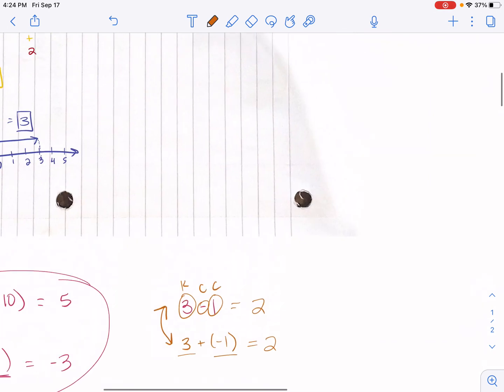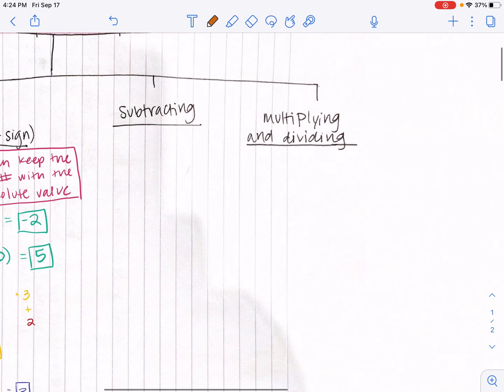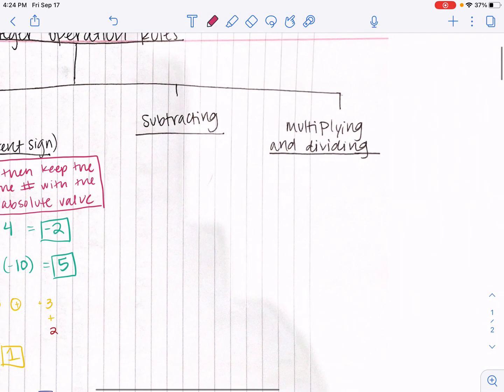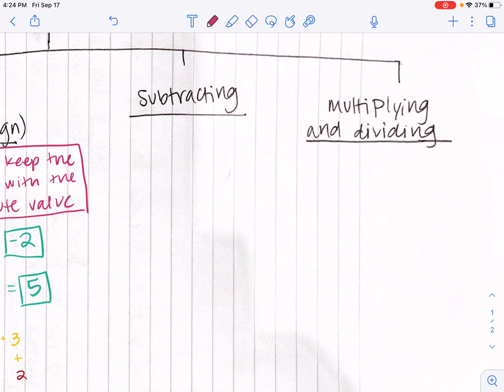Okay, so the rule for subtracting integers, this works for positive and negative numbers, so that's what integers are, is keep, change, change. So I want you to write a K, because you're going to see K, C, C all the time. I want you to know what that stands for. So this stands for keep.